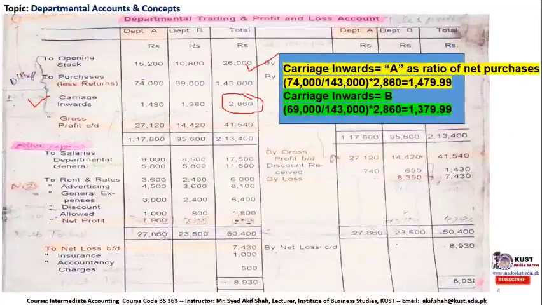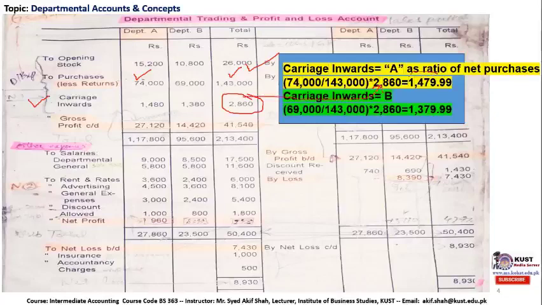The formula is to make a ratio of net purchases. The net purchases for Department A is 74,000, whereas the total value for the purchases is 1,43,000 rupees. So divide 74,000 by 143,000 and then multiply it with your given carriage inward amount.